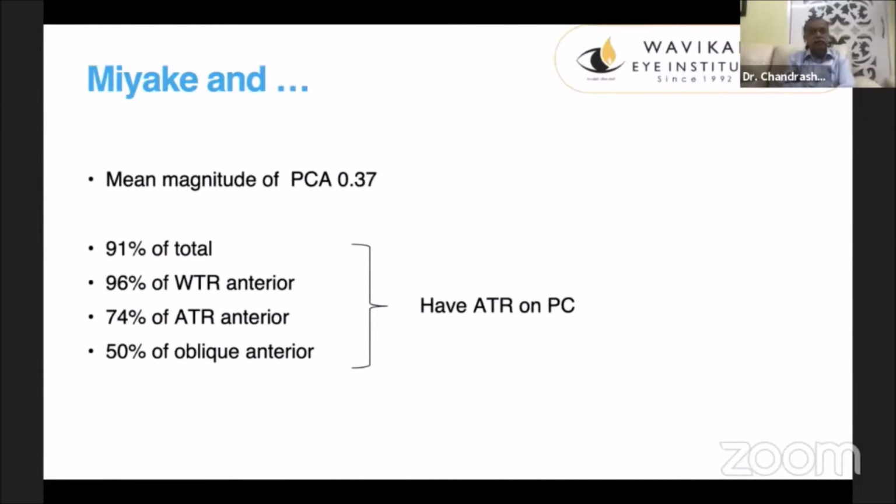Further studies proved that the mean magnitude was slightly less, 0.37, and there was further classification. 96% of the WTR anterior patients have ATR on the posterior surface, and 74% of the ATR anterior have ATR on the posterior surface, and so on.